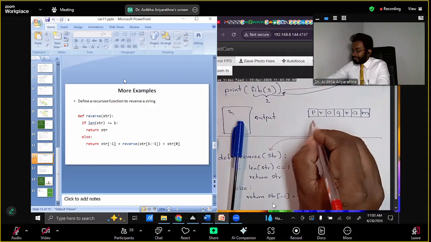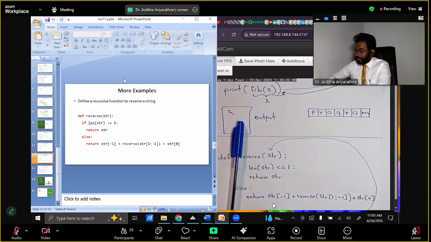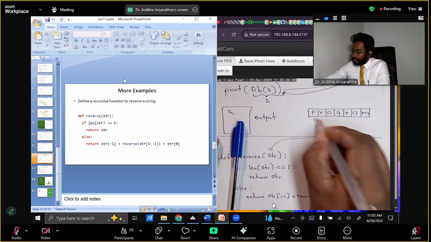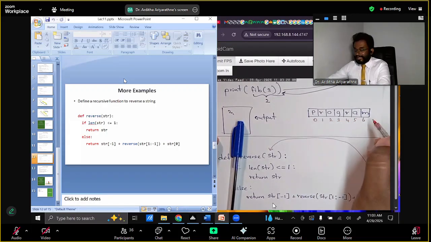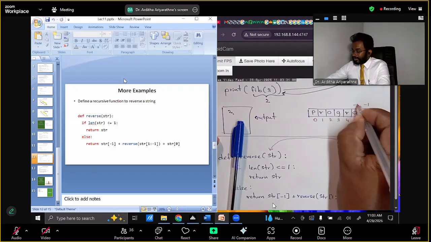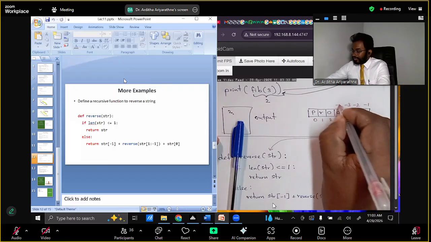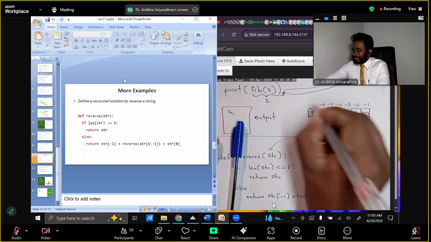Normal index starts from 0, 1, 2, 3, 4, 5, 6. And the reverse indexing is minus 1, minus 2, minus 3, minus 4, minus 5, minus 6, minus 7.